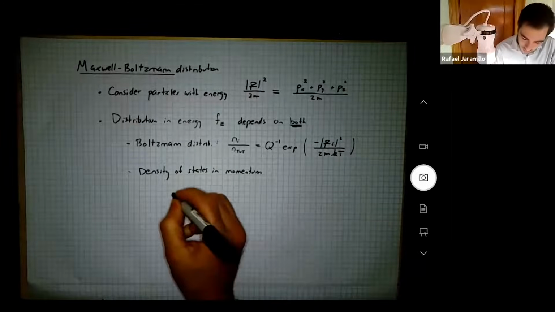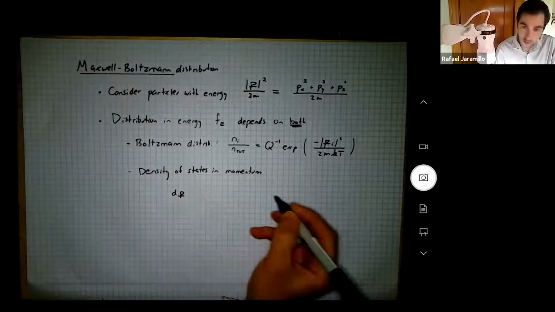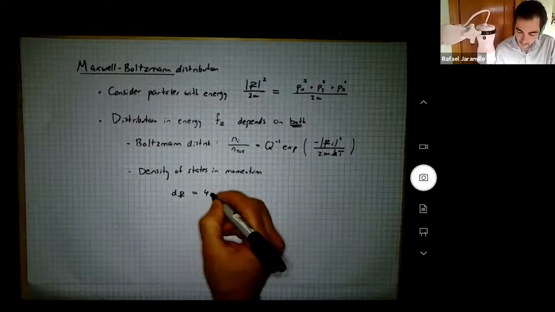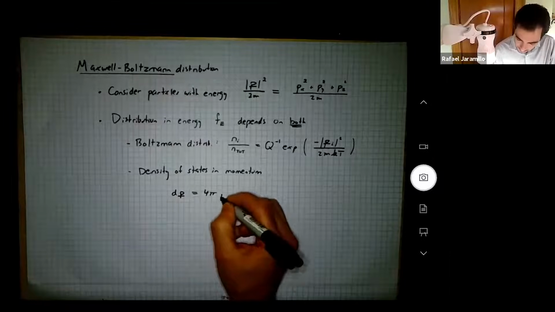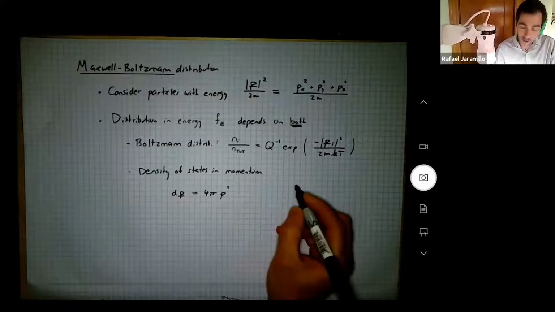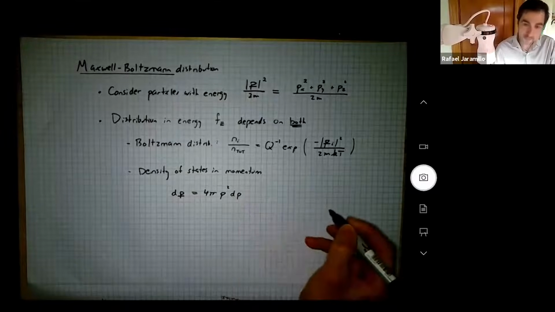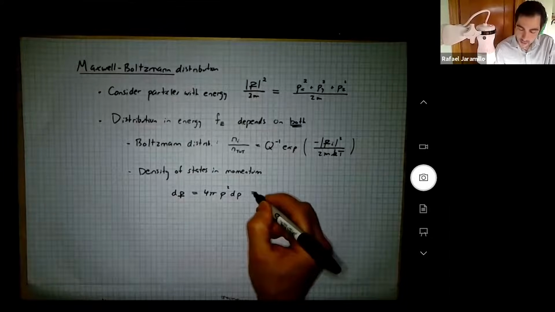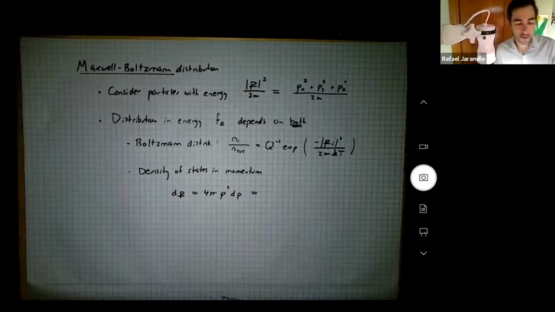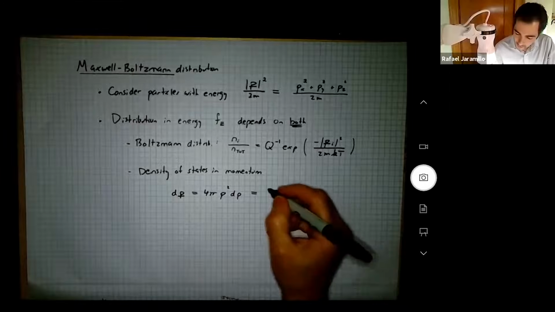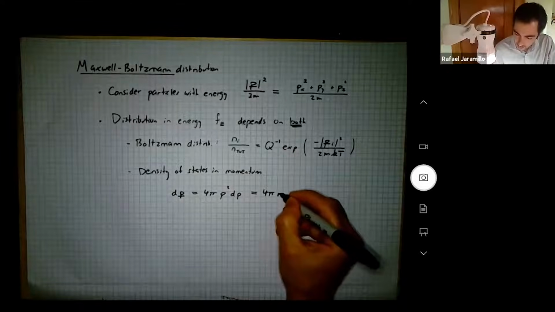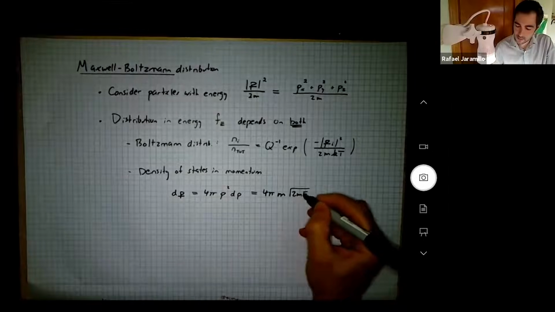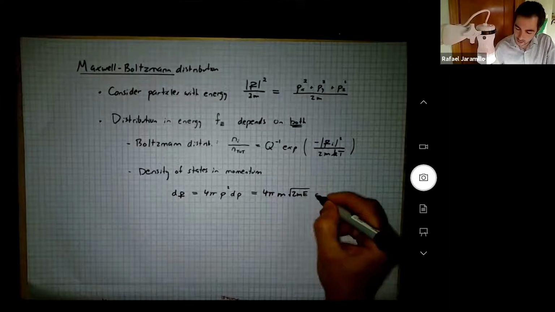So the 3D differential equals 4 pi p squared dp. You get the 4 pi there because I integrated the spherical coordinates, the 4 pi steradians all around the sphere, and that equals 4 pi m root 2mE dE.